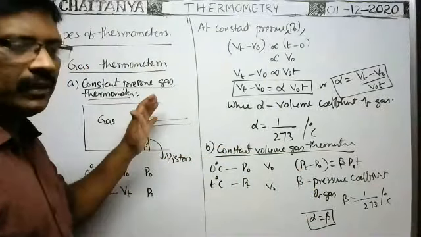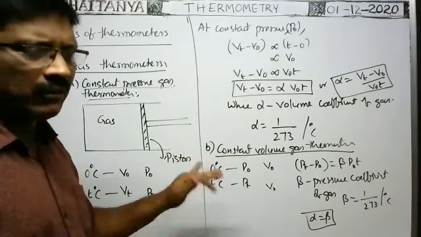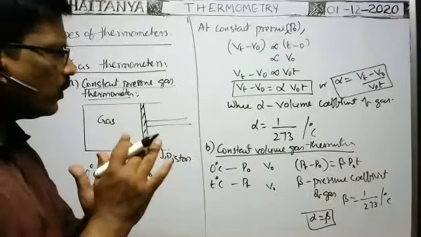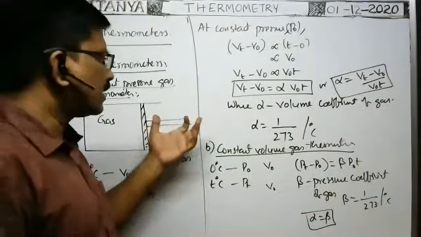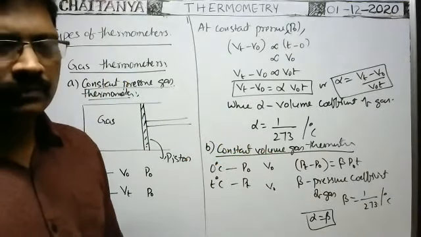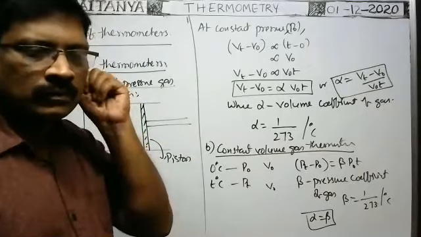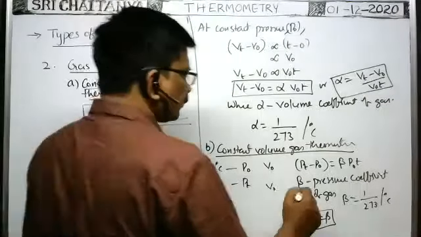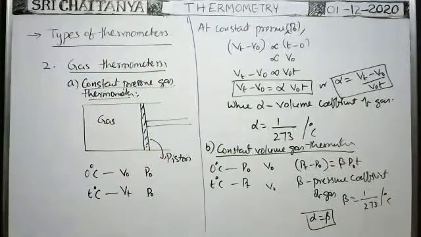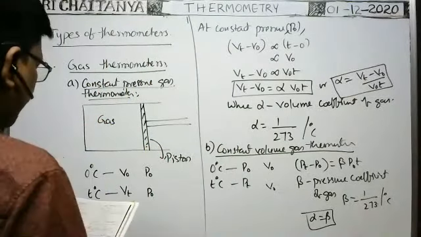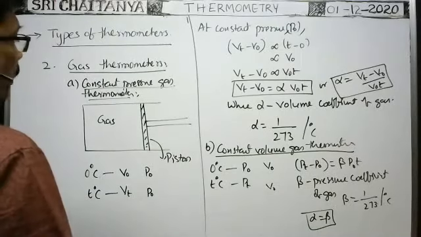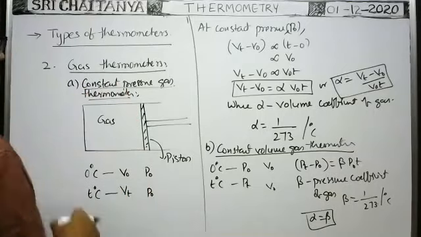In olden days, we had the construction of these gas thermometers also, but nowadays, in the recent syllabus, these constructions are not there. But we just have to know what is the constant pressure gas thermometer and constant volume gas thermometer. Okay. In any type of gas thermometer, hydrogen is preferable mostly.